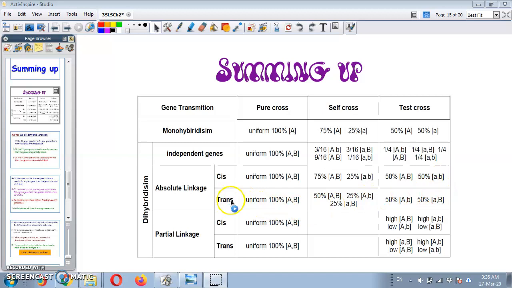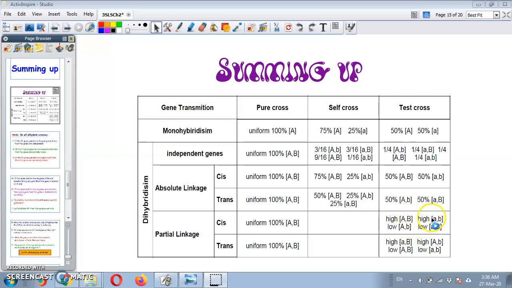However, in transposition in absolute linkage, the results will be one dominant allele linked to a recessive one, and the other 50% will show a recessive phenotype linked to a dominant one. In the case of partial linkage, the test cross will give two high and two low percentages in this manner.